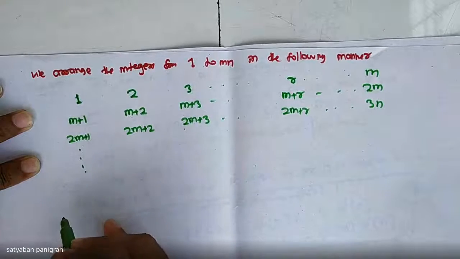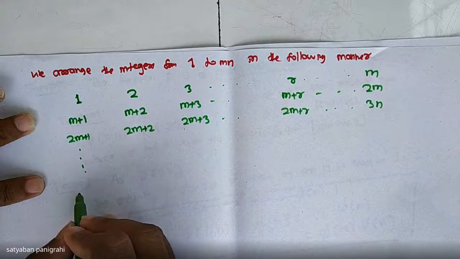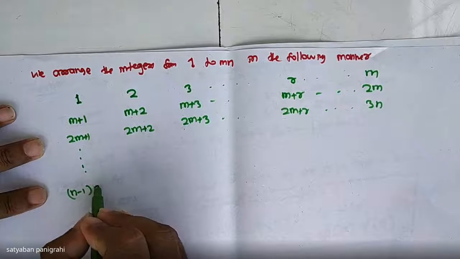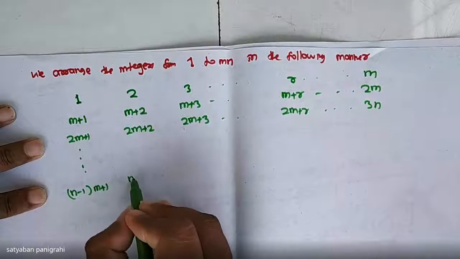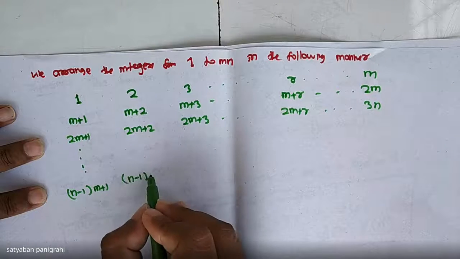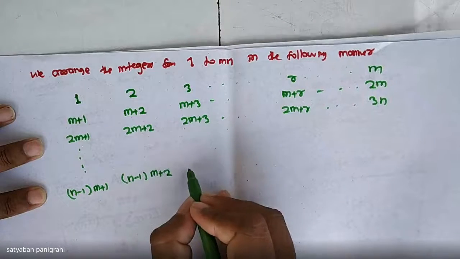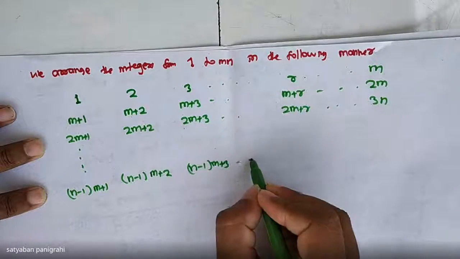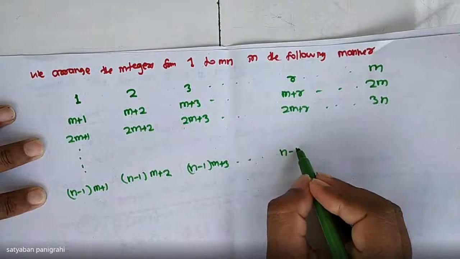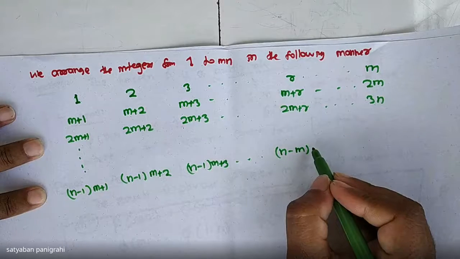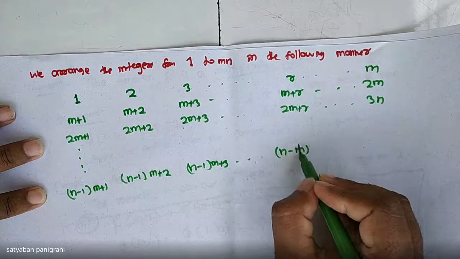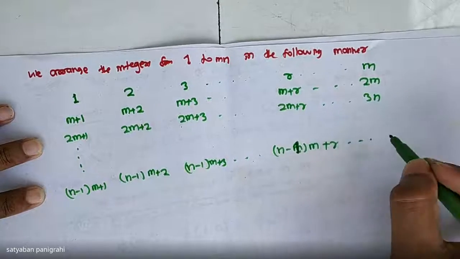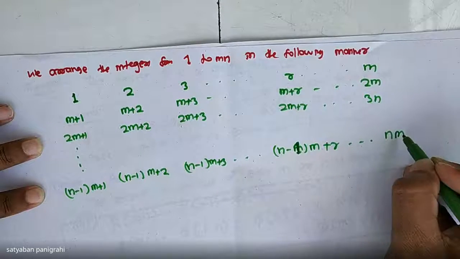In this way we are arranging. So in the last row we have (n minus 1)m plus 1, (n minus 1)m plus 2, (n minus 1)m plus 3, and in a similar way (n minus 1) into m plus r, and last is nm.